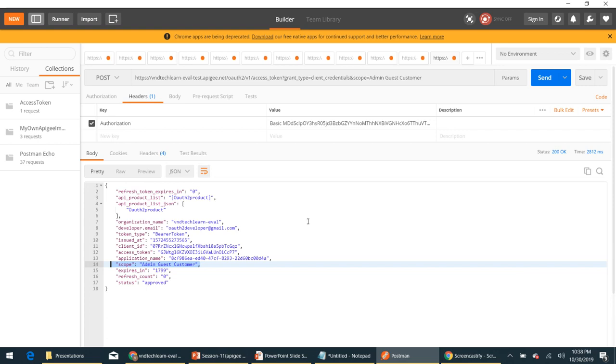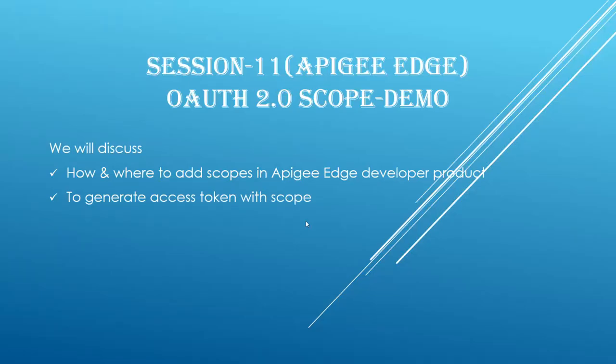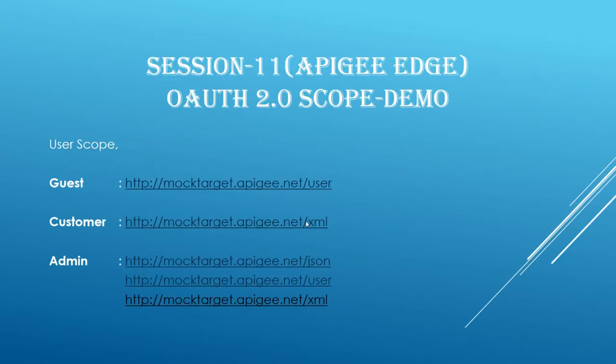So this is how we can generate an access token with scope, and in our next video session we will see how to allow the user to invoke or consume endpoints based on their scopes and access tokens.